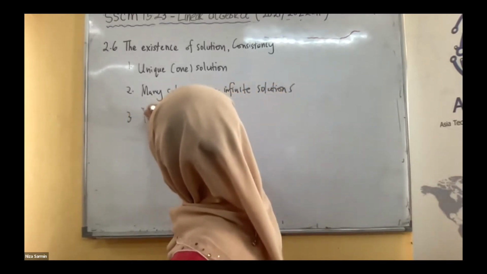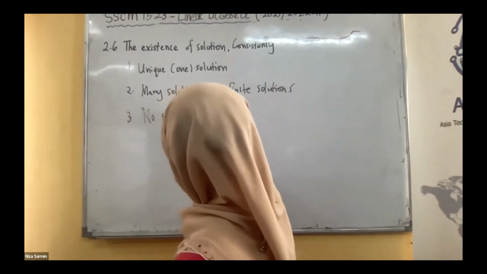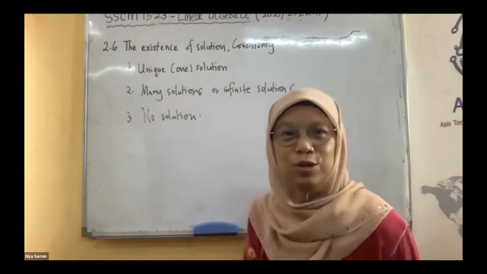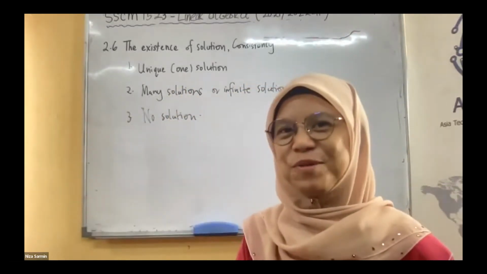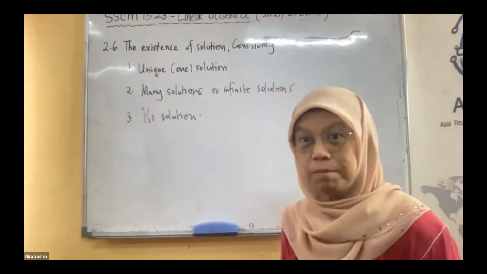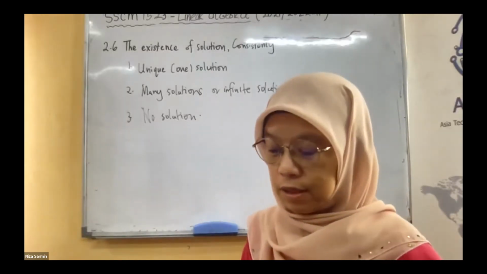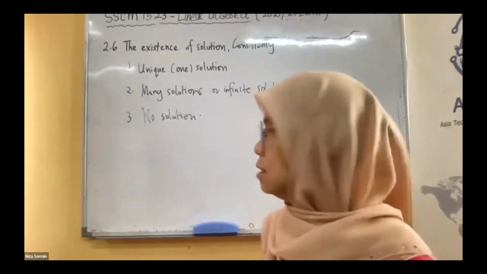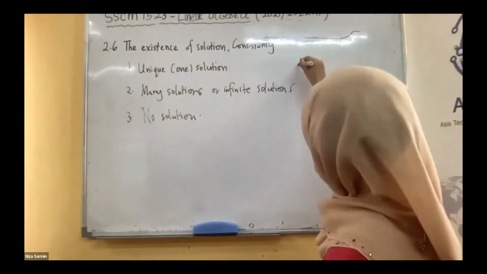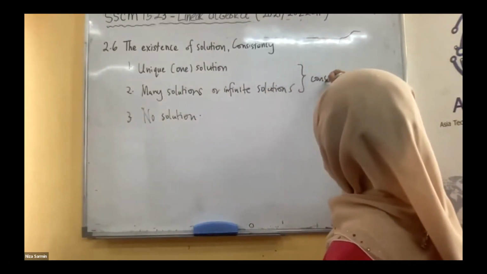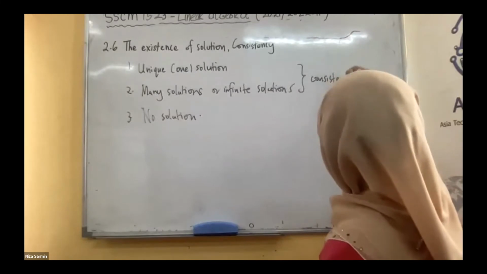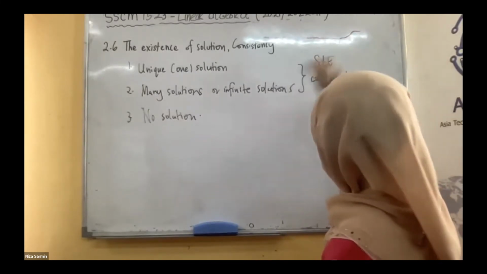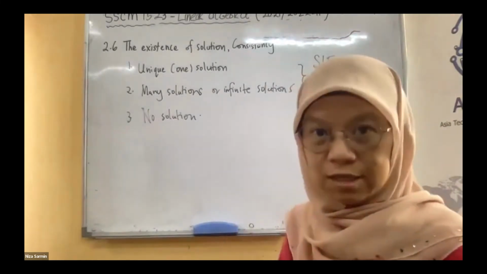And we can probably have no solution. I showed you last time, right? The examples at that time is m is n. For these two, we call this system of linear equation to be consistent.